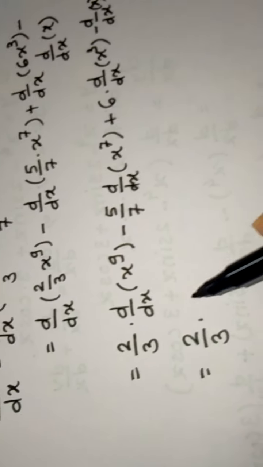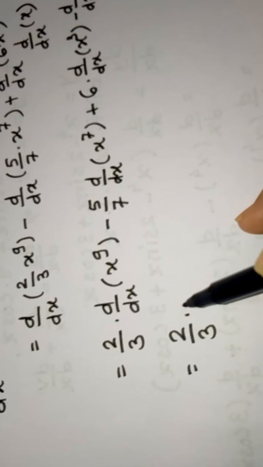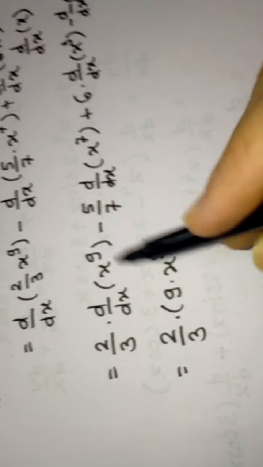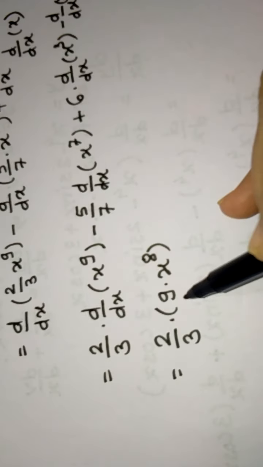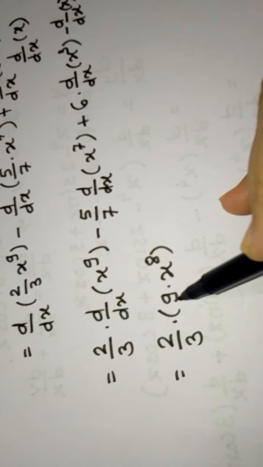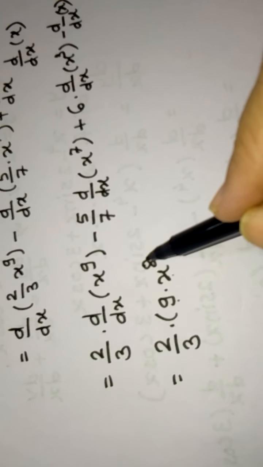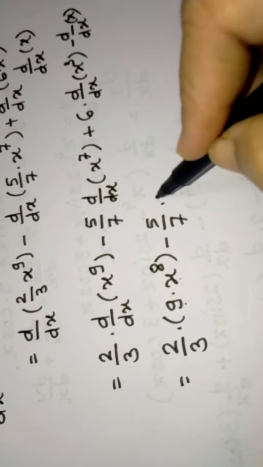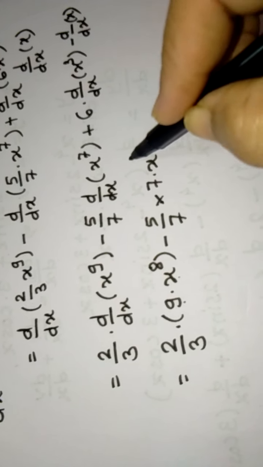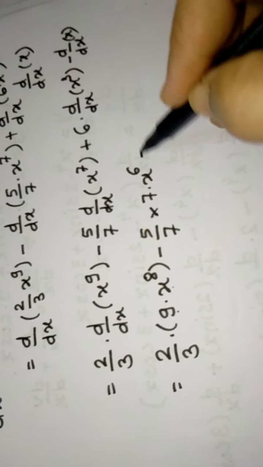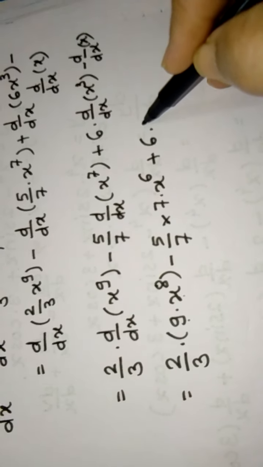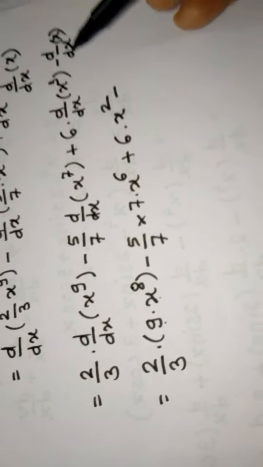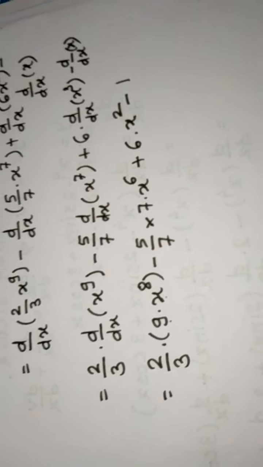2 upon 3, the derivative of x raised to 9 is 9 into x raised to 8. Now I am writing directly, that is the value of n is equal to 9, so 9 into x raised to 9 minus 1, that is 8, minus 5 upon 7 x raised to 7, its derivative is 7 x raised to 7 minus 1, that is 6, plus 6 into x raised to 3 minus 1, that is 2, minus derivative of x is 1.